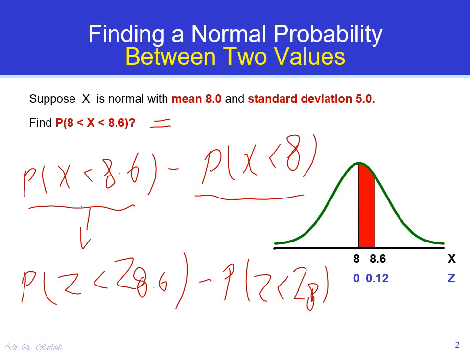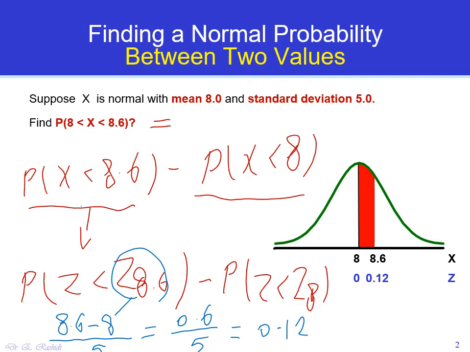The z value of 8.6 is 8.6 minus the average, 8, divided by the standard deviation, 5. That is 0.6 divided by 5, which is 0.12. And the z value of 8 is 0, because it is 8 minus 8. So we need the probability that z is less than 0.12 minus the probability that z is less than 0.